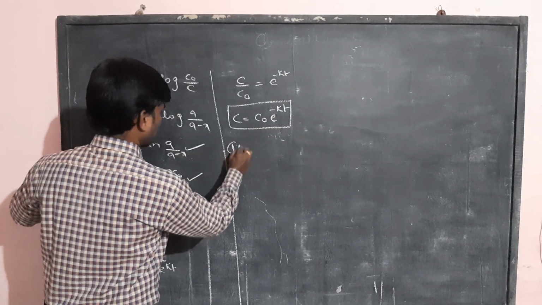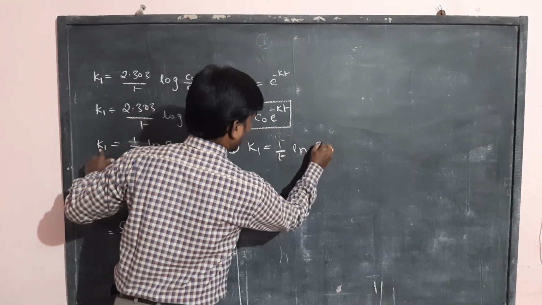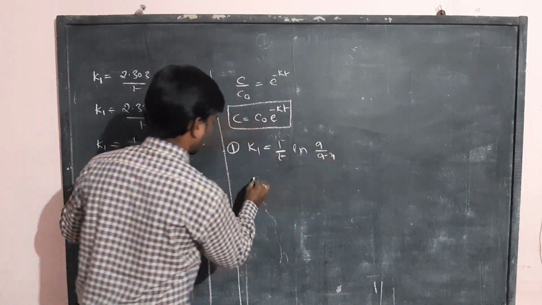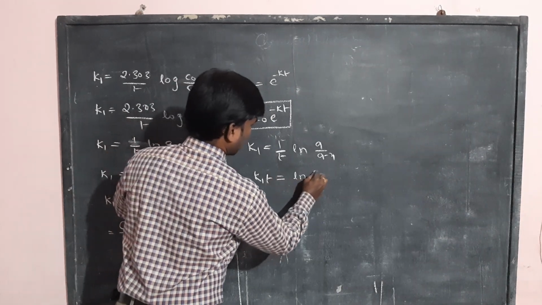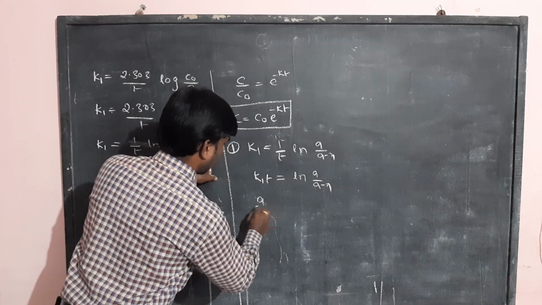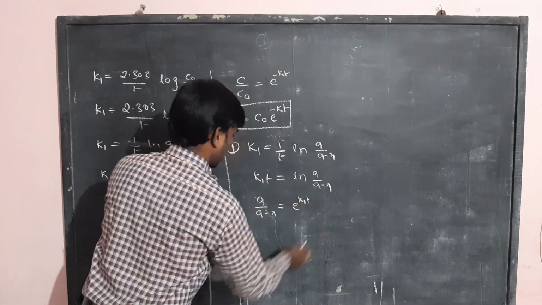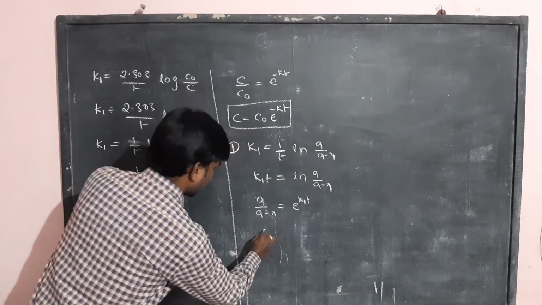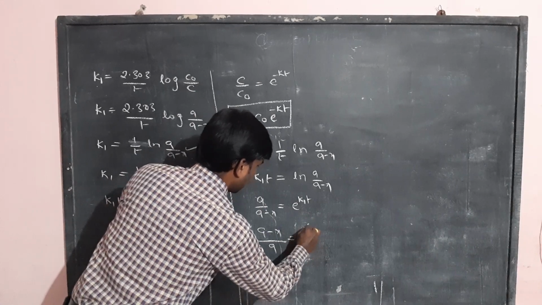If you are taking it like this, then take this integral equation now. K1 is equal to 1 by t into ln a by a minus x. So again k1 t is equal to ln a upon a minus x. Here a upon a minus x is equal to e to the power of k1 into t, right? Again I am taking the reciprocal: a minus x by a is equal to e to the power of minus kt.